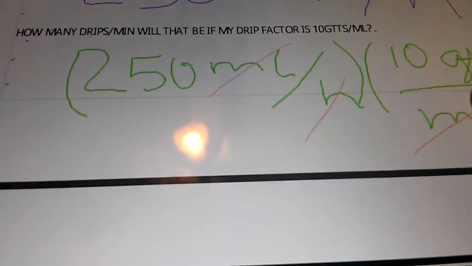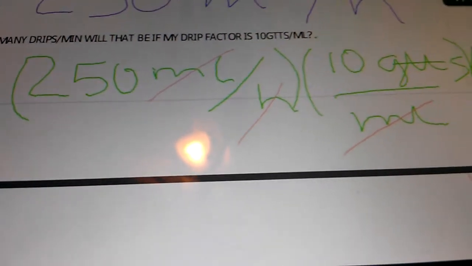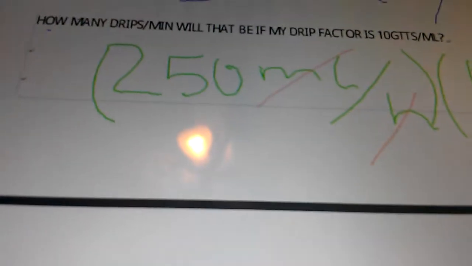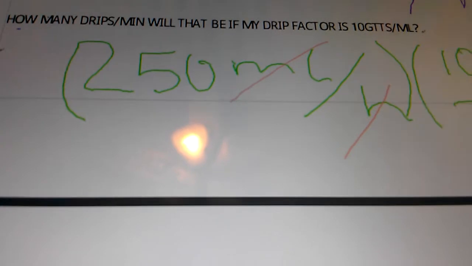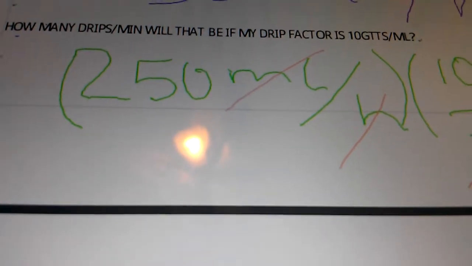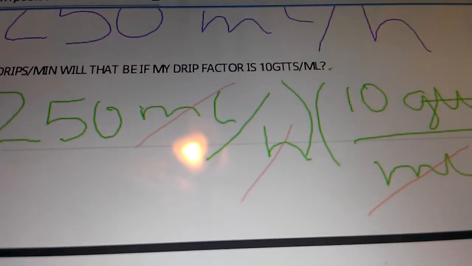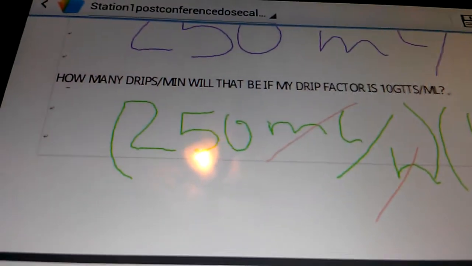How many drips per minute will that be if my drip factor is 10 drips per mil? If that's the case, I've got 250 mils per hour, and I would say, how many drips per minute?